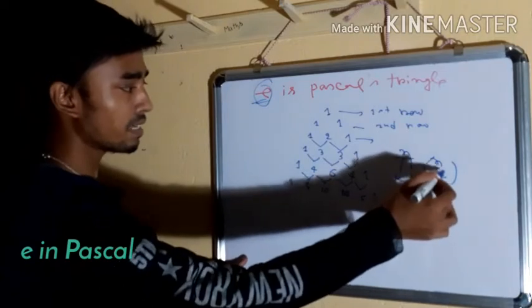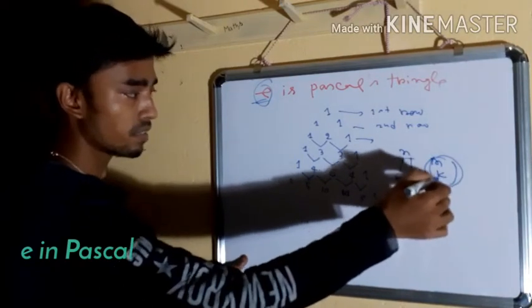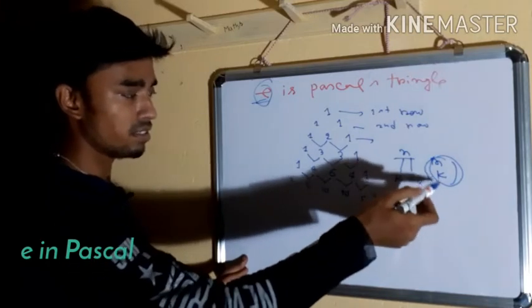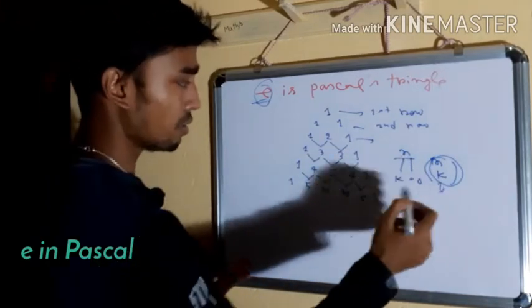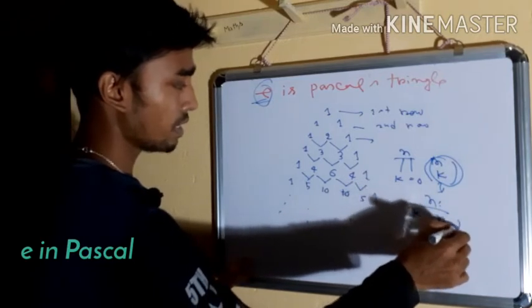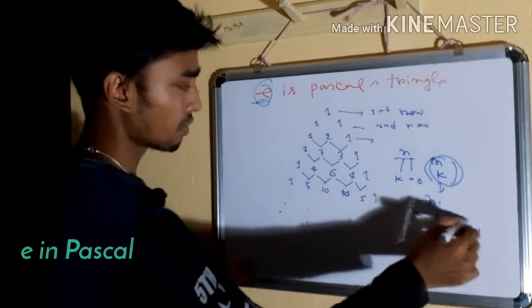So what is this n choose k? It is nCk, which is n factorial divided by k factorial times n minus k factorial. That is the formula.